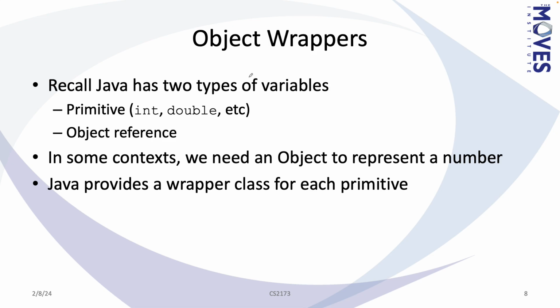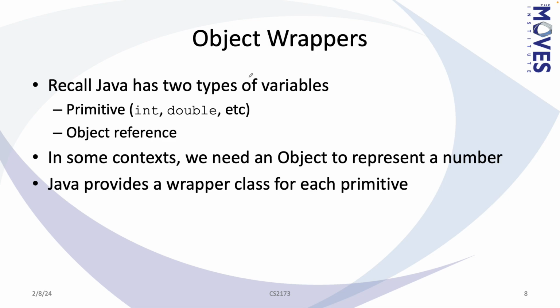What they basically needed to do was have an object representation of each of the different primitives. And that's what they have. So in some contexts, you need an object to represent a number. And we're going to see that out the wazoo once we start talking about collections.